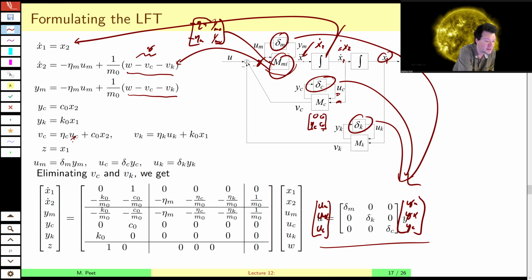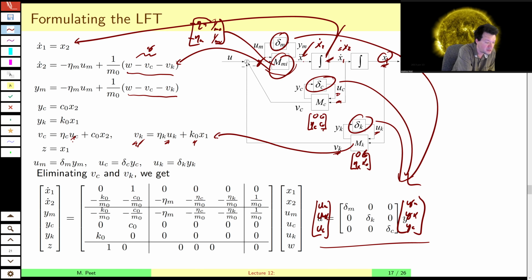Okay. x1 dot equals x2, so that's that. Finally, we've got this equation for vk, and again, that feedback interconnection, k naught, a to k. So we got here vk equals a to k times uk plus k naught times x1. So that's that equation.